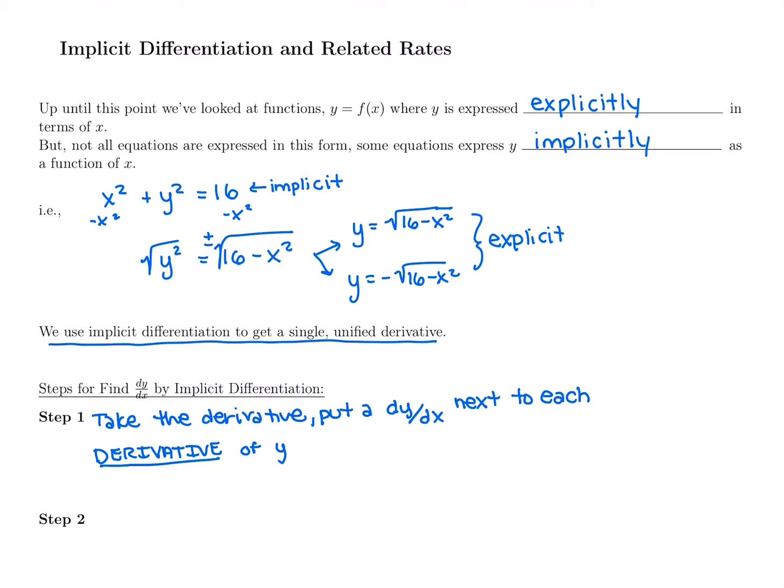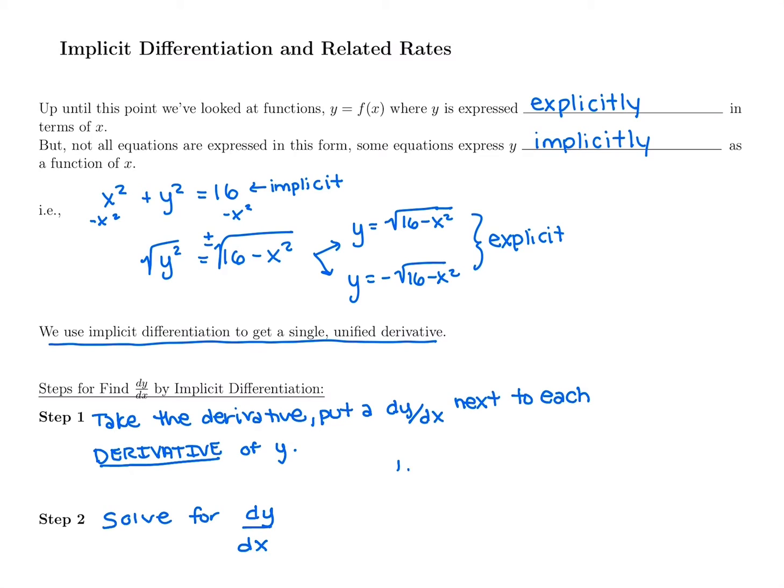If you take the derivative of y, you need to put a dy dx next to it. Derivative of y with respect to x is what that dy dx means. And then our second step is going to be to solve for the derivative by itself. Solve for dy dx. We might have to add or subtract something over and then divide. We're going to get dy dx on one side by itself.